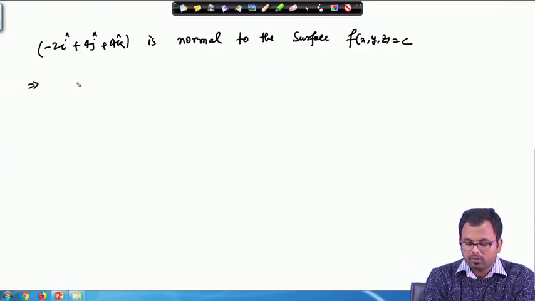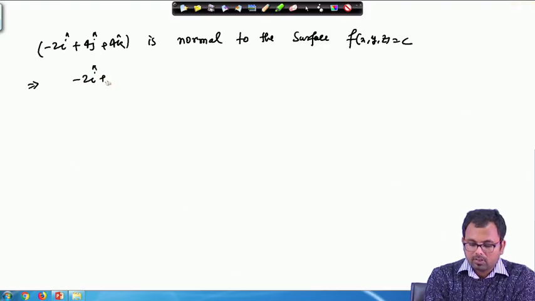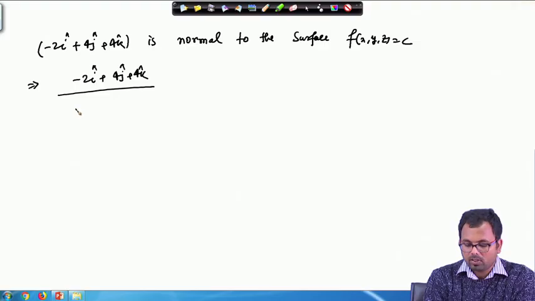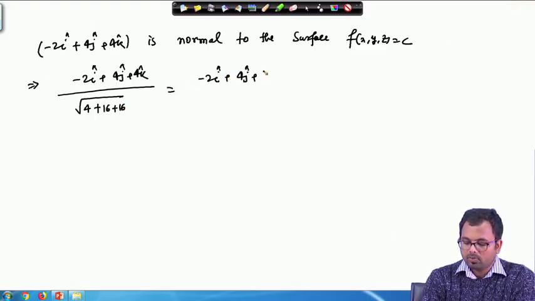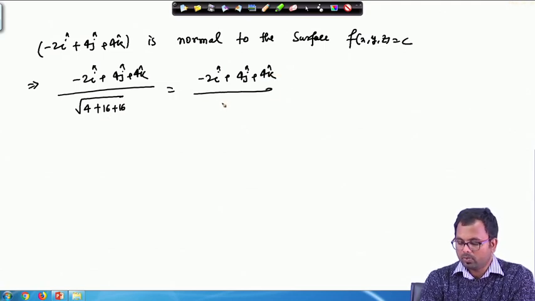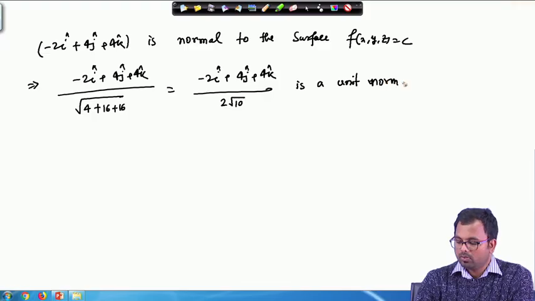So, to give the unit normal, we write -2i + 4j + 4k and then divide it by its magnitude. That means (-2)² which is 4, plus 4² which is 16, plus 16.